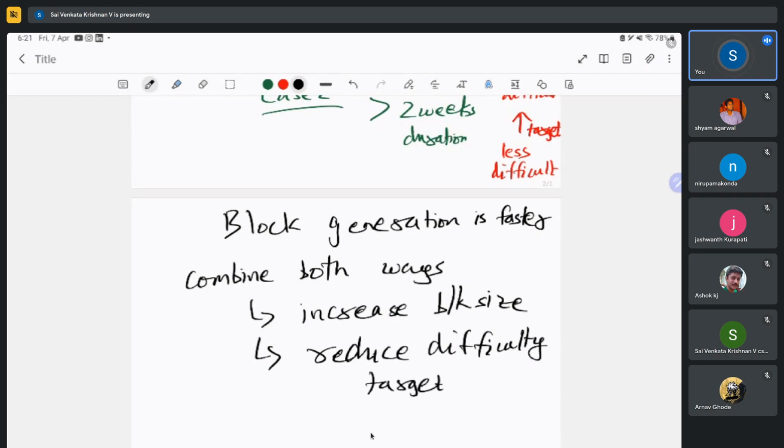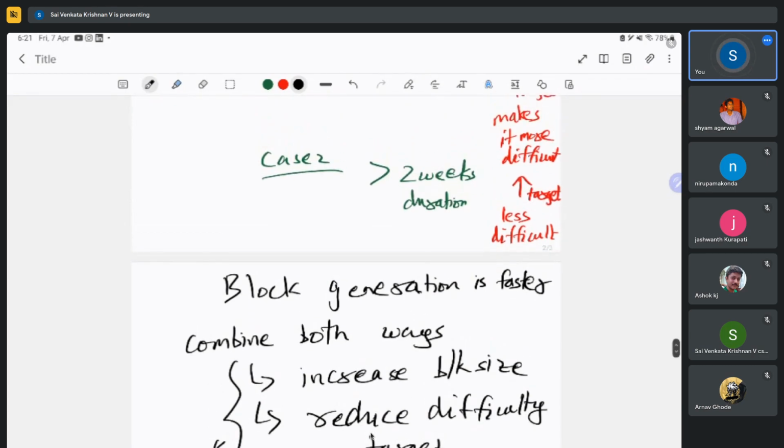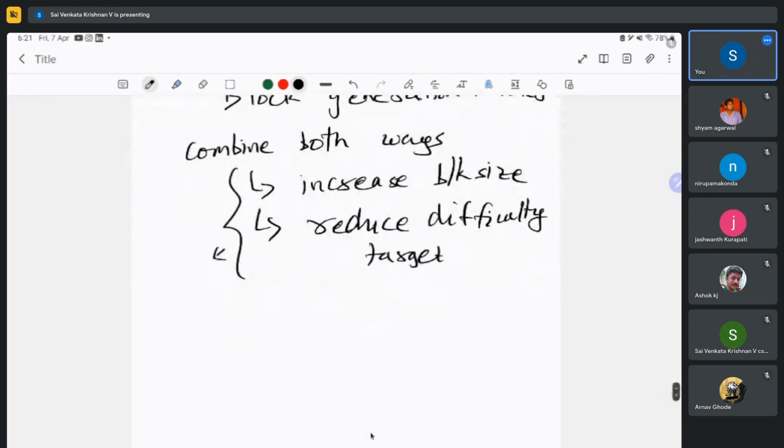So both these can be combined together to achieve a much higher transaction throughput per second. So this is how Bitcoin can be made faster in terms of how many transactions it confirms per second.